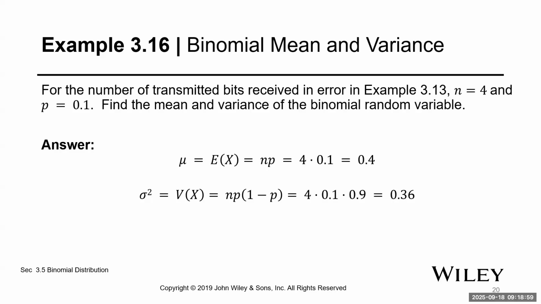And we were looking at 4 bits. And so n is 4, p is 0.1, multiply those together, our expected value is 0.4. And our variance, n times p, that 0.4, times 1 minus p, or 0.9, gives us 0.36.